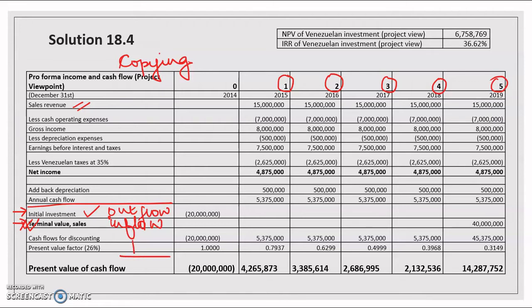Your present value will not be given in your PV table in this case, so please remember to use the formula: 1 divided by 1 plus r to the power n, which essentially means 1 plus 0.26 to the power 1, 1 plus 0.26 to the power 2, and so on.